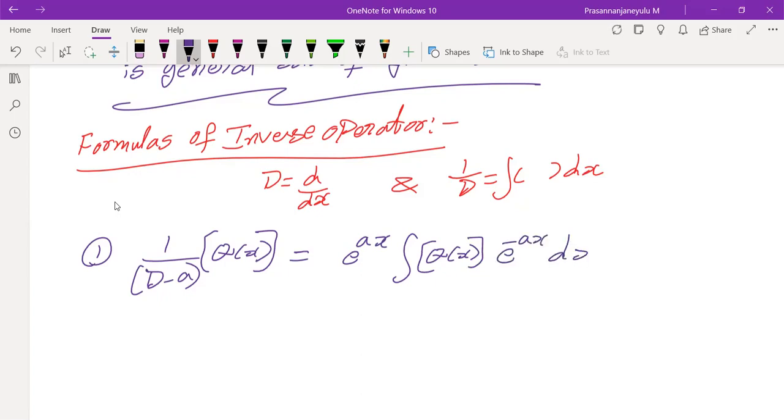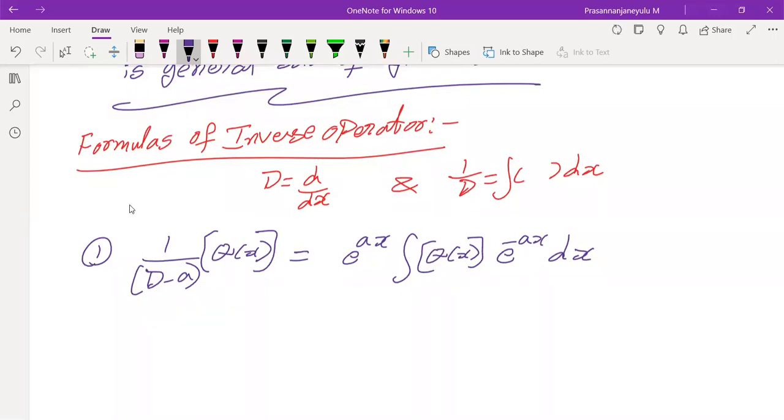Q of x may be anything: e power x, sin ax, cos ax, x power m, a polynomial in functions of x, or x into v of x form, or e power x into v of x form, or tan x, secant x, cosecant x, 2 by 1 plus e power x, log x, anything.